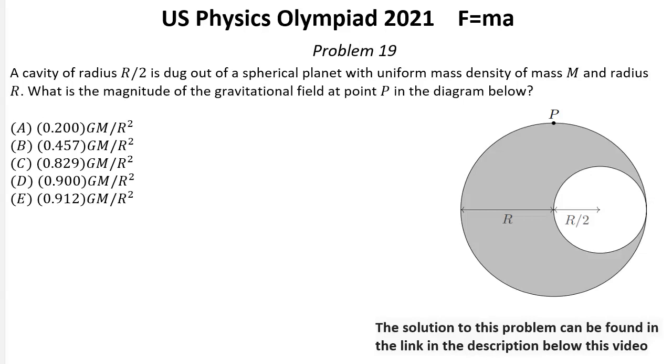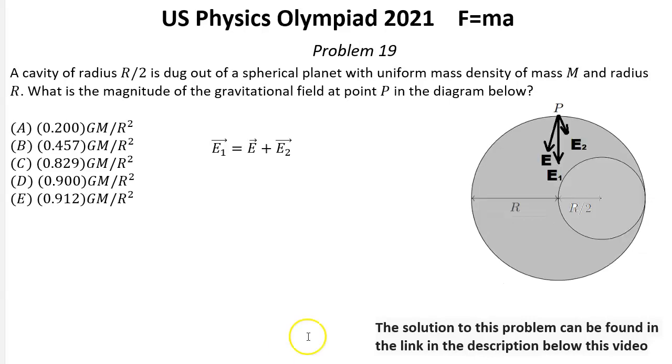The solution for this problem can be created using vector form. Let's draw this picture. The gravitational field for the full sphere is E1.